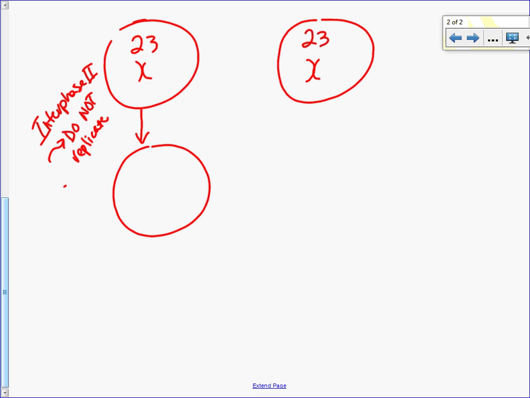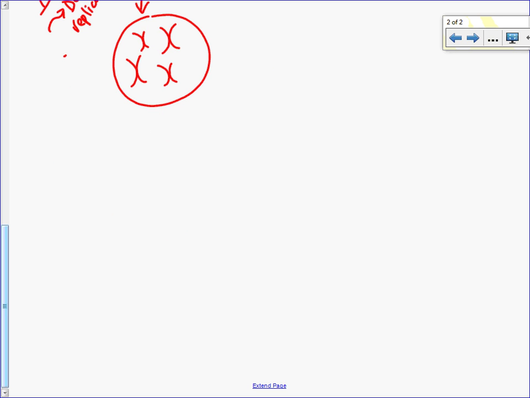So we've got a cell with 23 chromosomes. Now it's going to be just like mitosis. So in prophase 2, we still have the centrioles appear, the DNA condenses to form chromosomes, and the spindle fibers appear. It's all the same as mitosis.